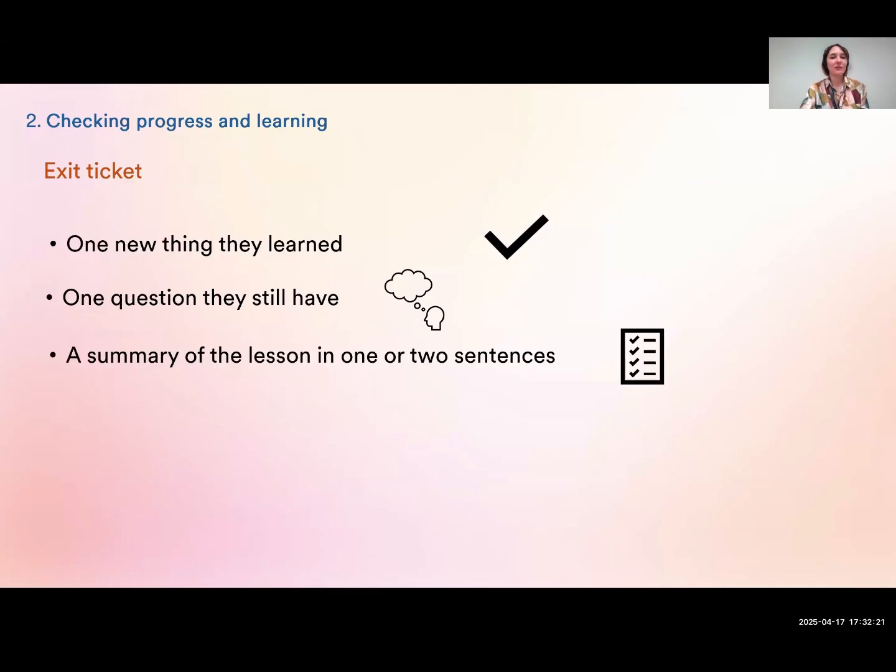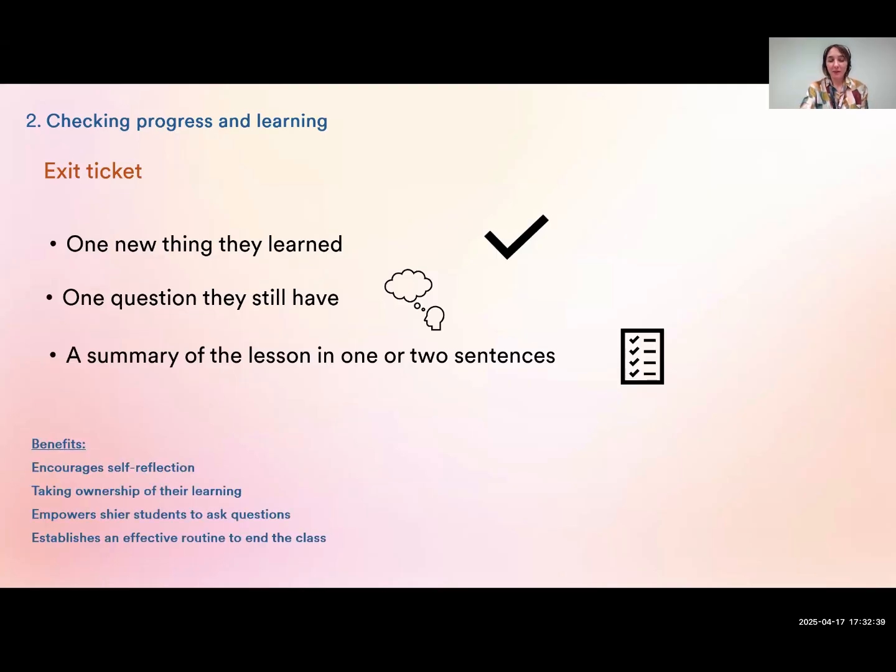You can't leave until you've given these three points: something you learned, one question you still have, and a summary of the lesson. You might skip the last one if you want to keep it quicker, but that's also a good idea. Some benefits, to just reflect on this strategy.